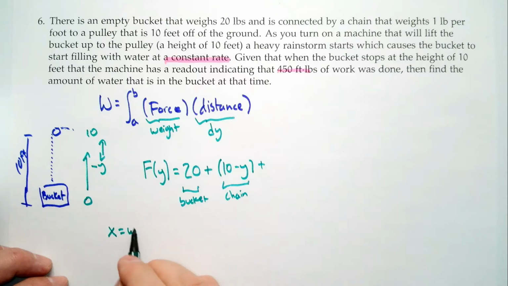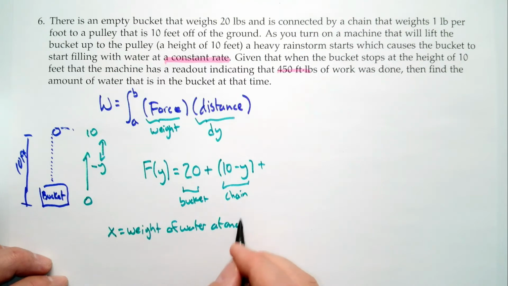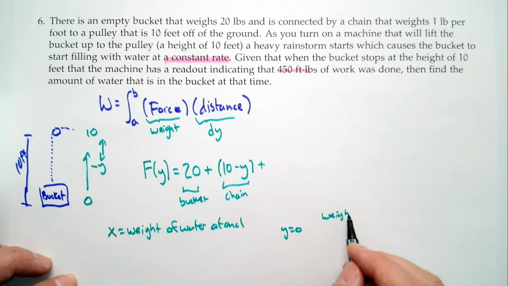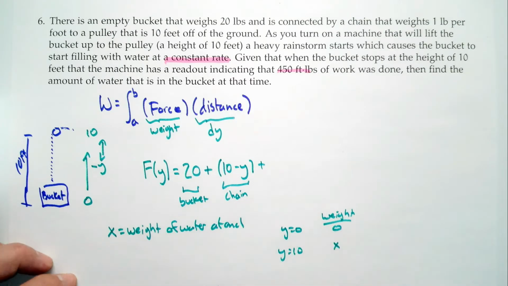X equals weight of water at the end. Okay, so what we know is when y equals 0, our weight is 0. When y equals 10, our weight is x. So the question is, how much is our weight at any time in between?